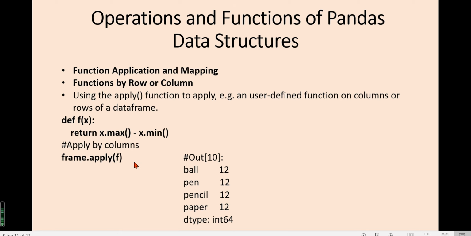By default this is applied by column, so the result will be a series, and the index of the series is the column names of the original data frame. So this function is applied to each column of the data frame, and the result is a series with the index being the same as the columns of the original data frame.